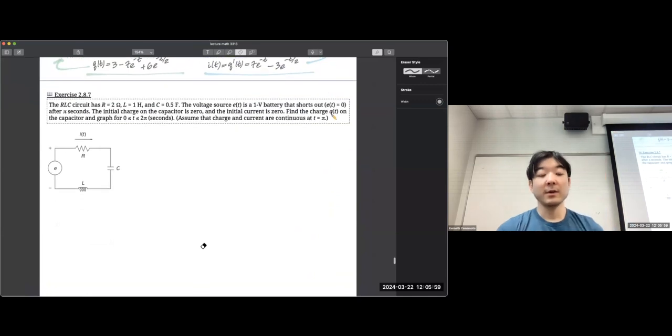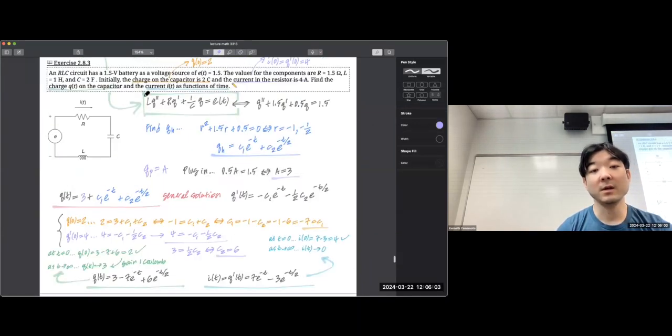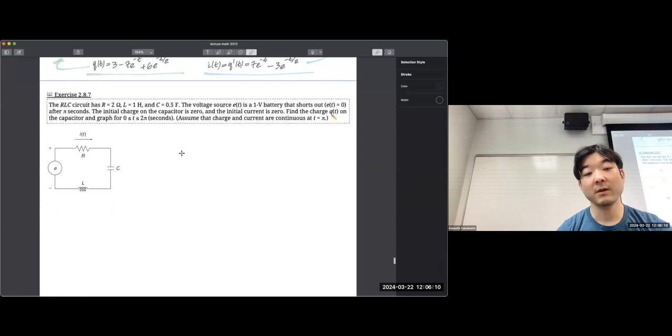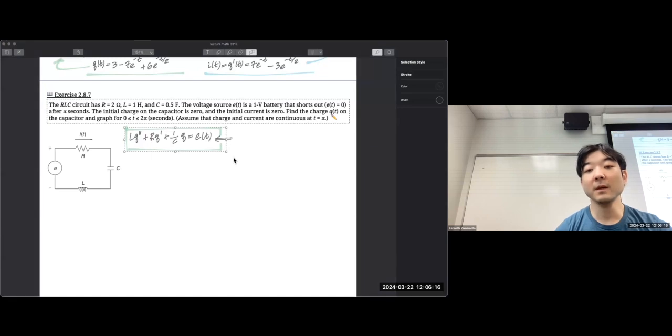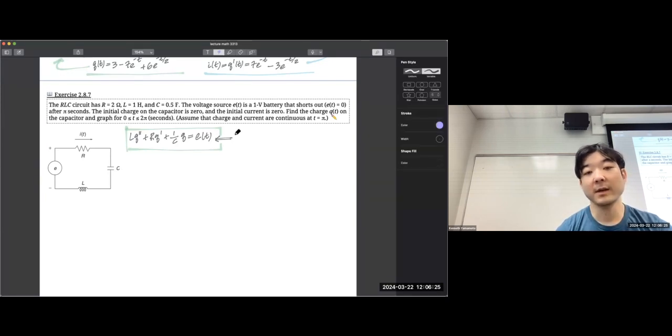So let's look at another one where we have a circuit. We're always going to start with this equation, because this is the basic RLC equation that we derived using the voltage law. They'll always give you information about the circuit, like R is 2 ohms, L is 1 Henry, and so on. So let's write that in.